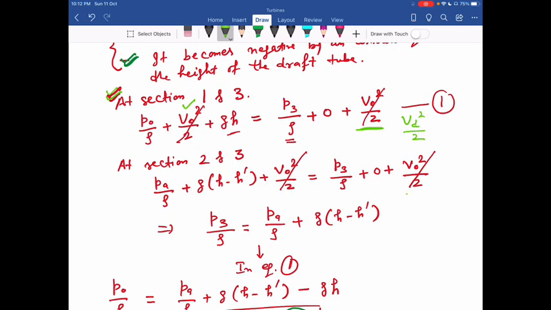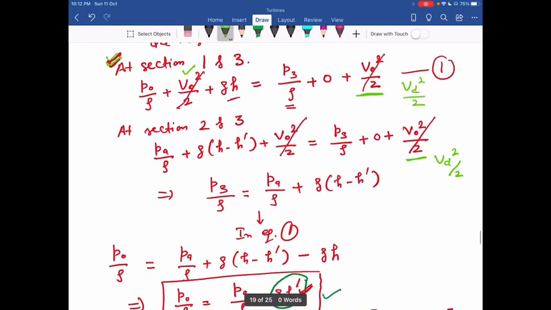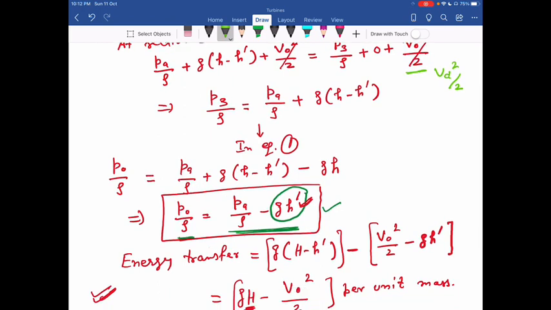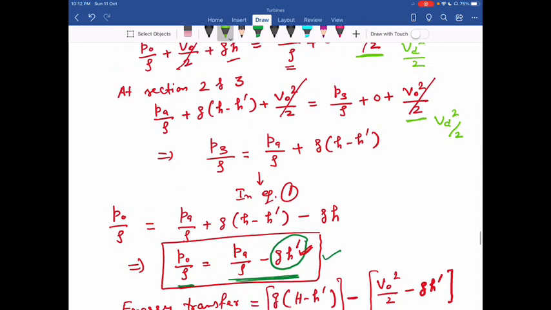Also here the term is replaced by VD square by 2. So find out P3 by rho, and then find PO by rho. P3 by rho is equal to PA by rho plus GH minus H dash, and there is one more term, plus VO square minus VD square divided by 2.